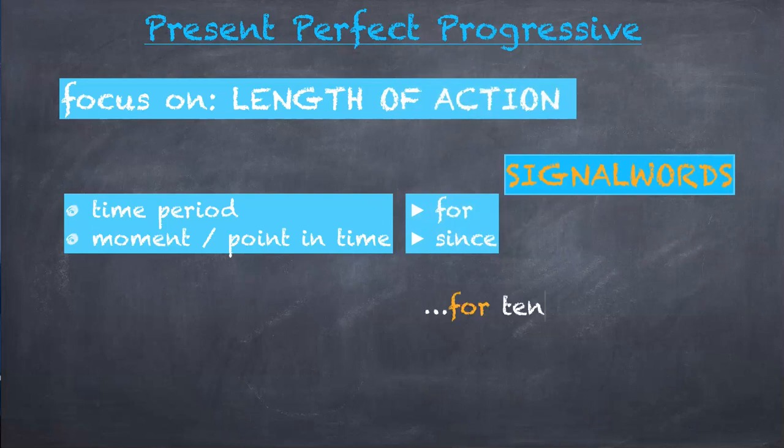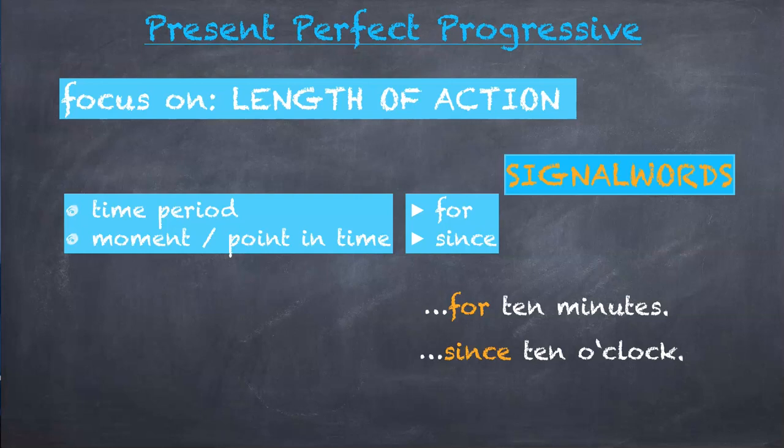For example, for 10 minutes. So you have a very specific time period, the 10 minutes. Or when we look at since 10 o'clock, you have a very specific moment or point in time when the action started.